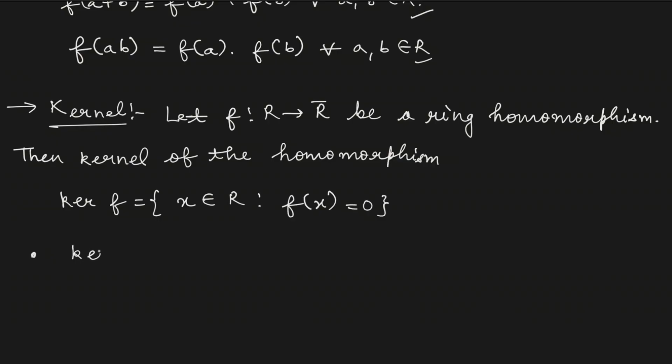Also, kernel f is an ideal in R. As we have discussed in group theory also, kernel is a subgroup of group G. Similarly, kernel f is an ideal in R. Isomorphism.